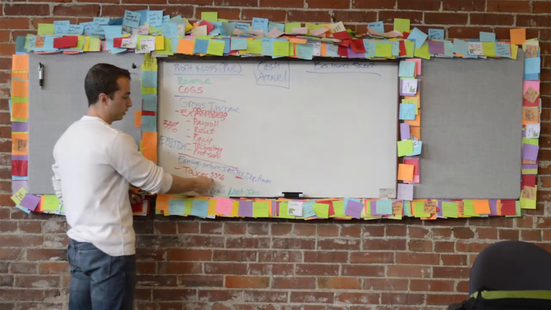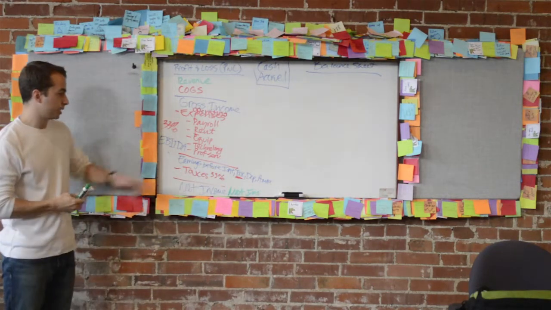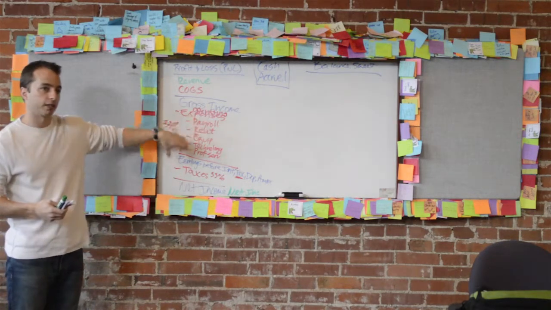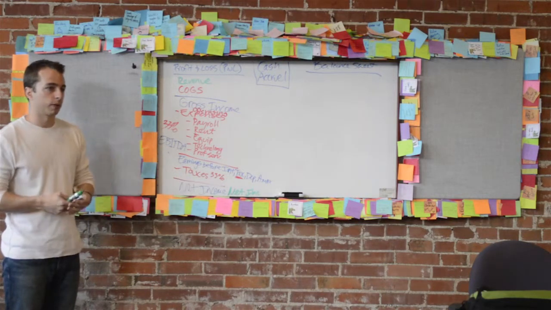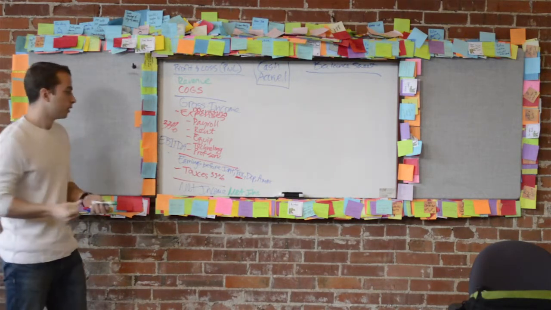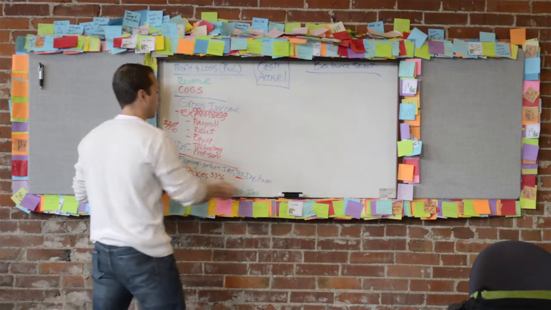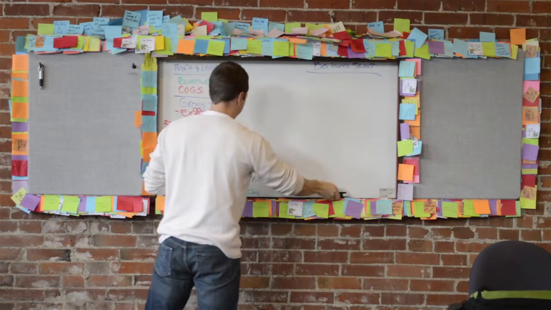So if this number is 15%, say it's cut in half, then that's 7.5% of this number that goes back into operating cash. And so if you have higher operating cash, you're more likely to be able to afford to bring on someone else.